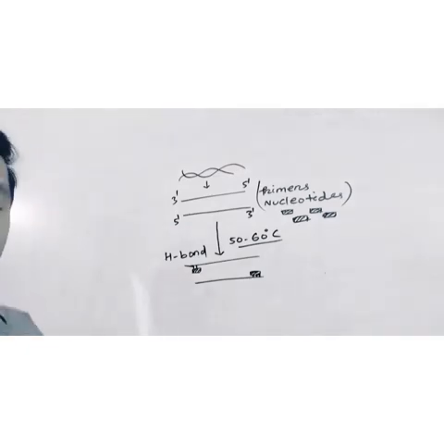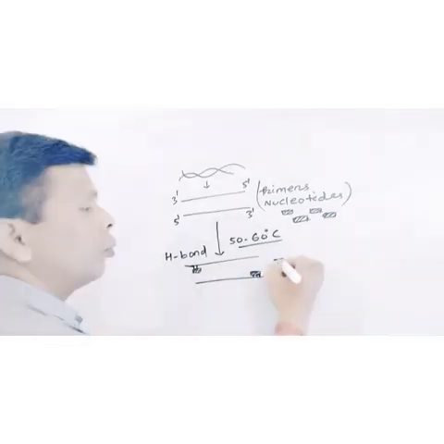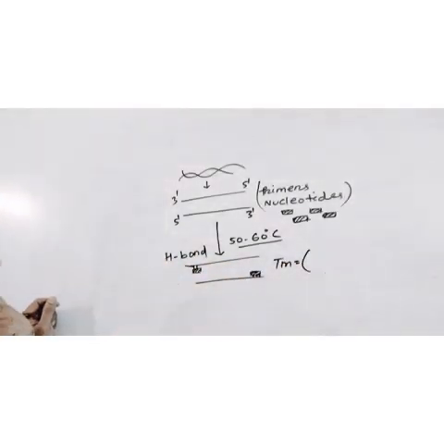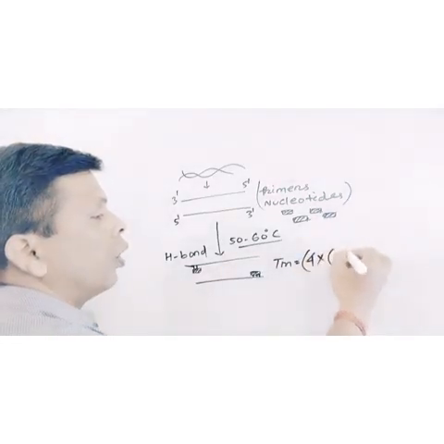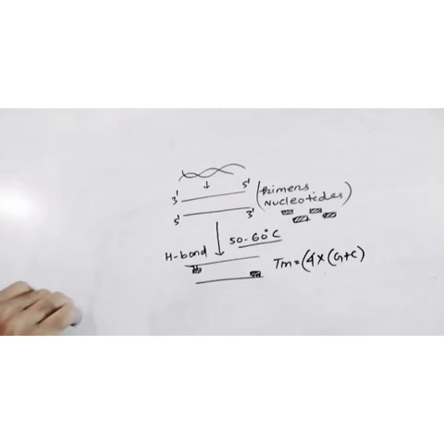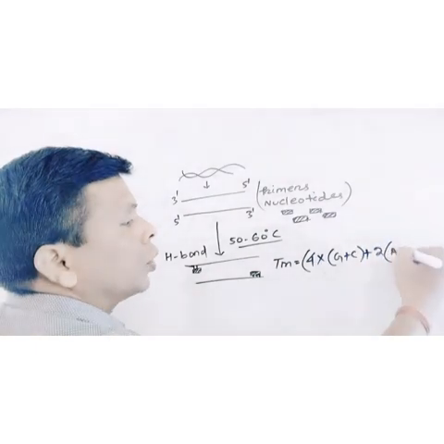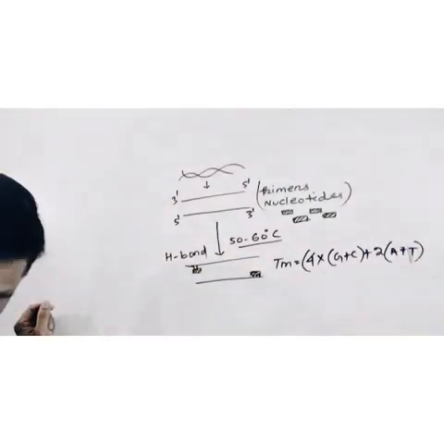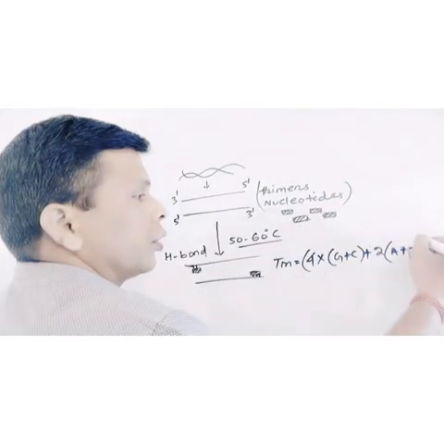We can also calculate the Tm value here. The melting temperature is equal to 4 times the G plus C content, plus 2 times the A plus T content, in degrees Celsius.